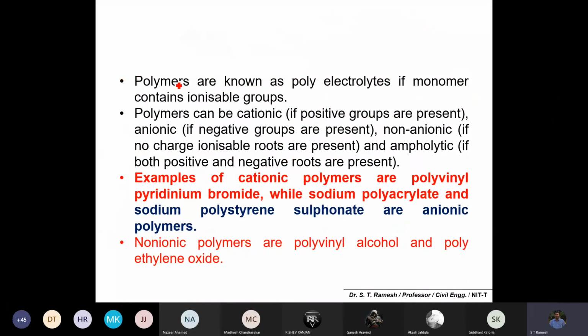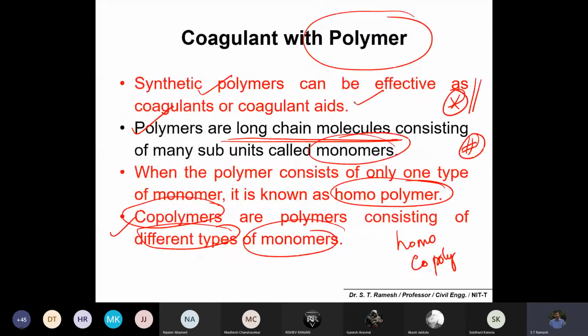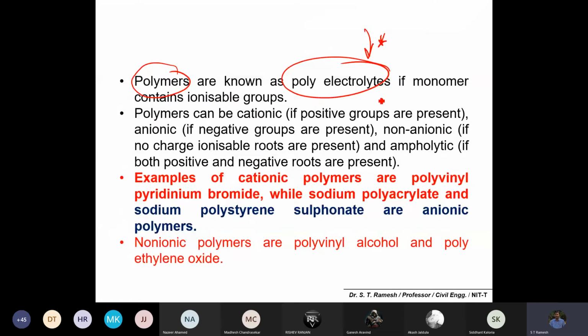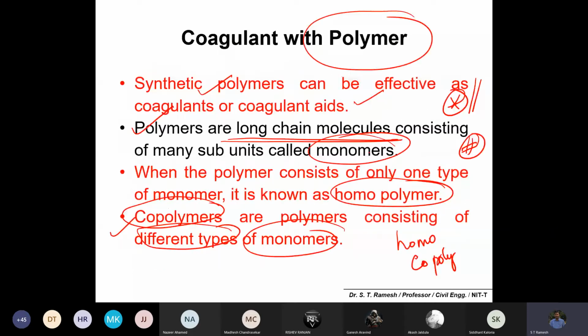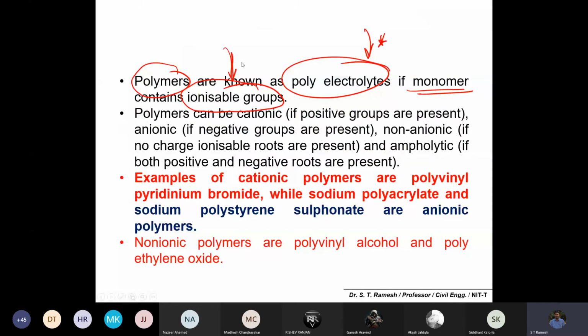Okay, and polymers are sometimes called polyelectrolytes. Please make a note, because that's what we have started discussing. Polymers are known as polyelectrolytes if the monomers contain ionizable groups in the long chain, with the capability of ionizing by themselves; you can simply call them polyelectrolytes.